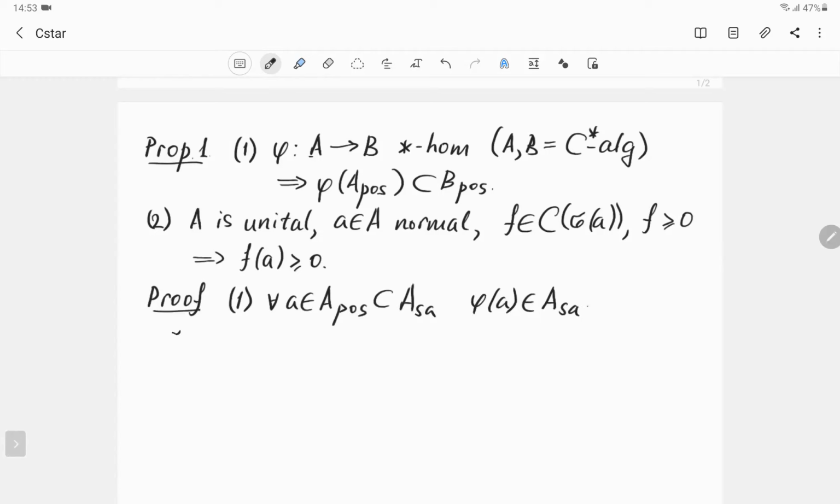And the spectrum of phi of a is always contained in the spectrum of a. This is the general property of homomorphisms between algebras. And so it is non-negative. And that's it. So this implies that phi of a is positive.